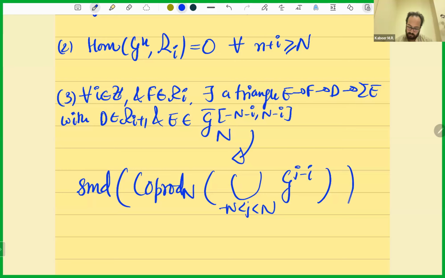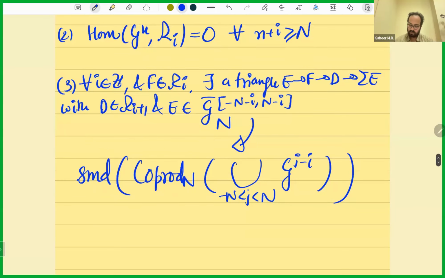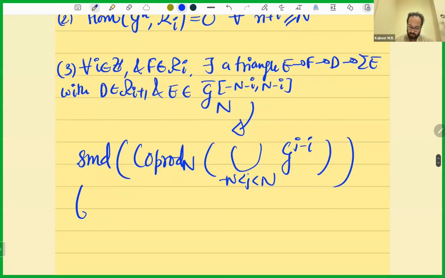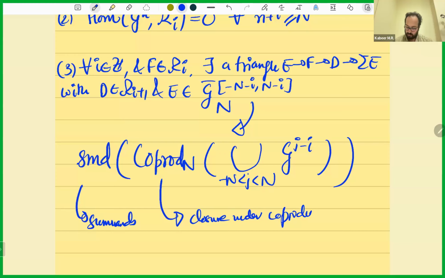So this is what this subcategory is. This is closure under summands, and this is closure under coproducts.